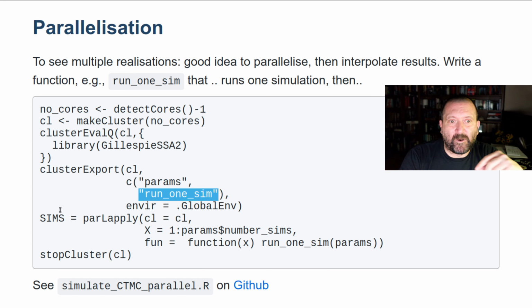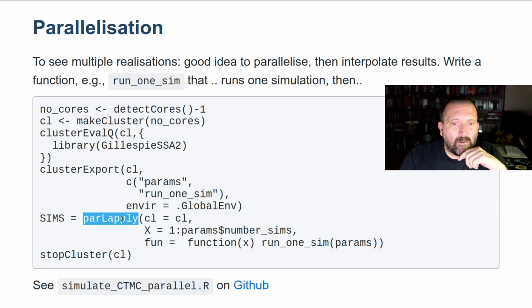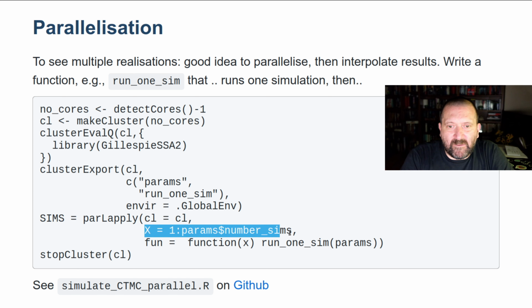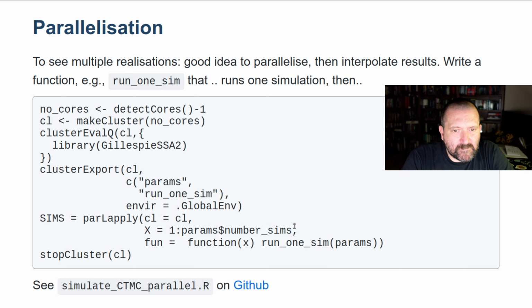Once this is done, all I need to do is, remember we had an L applied. Well, it's the same, except that I'm using par L applied for parallel L apply. I need to say what cluster I'm working on, which is that cluster I just made. I need to say what my function is applying to. Okay, and here I don't really need it.